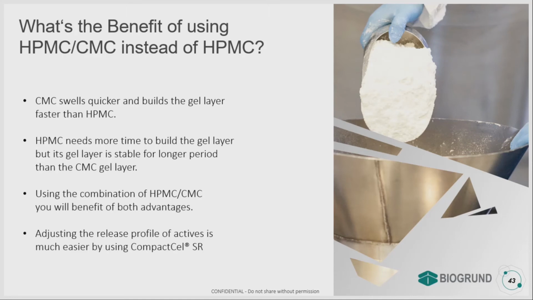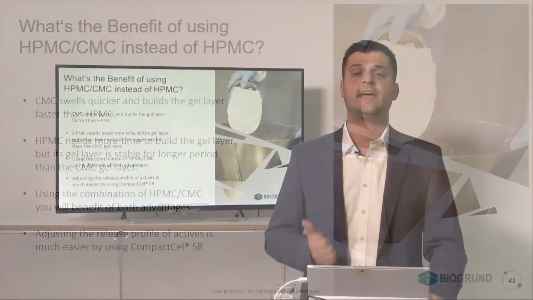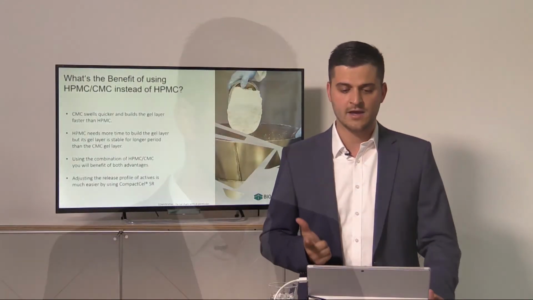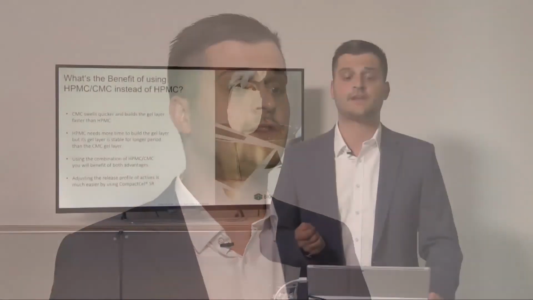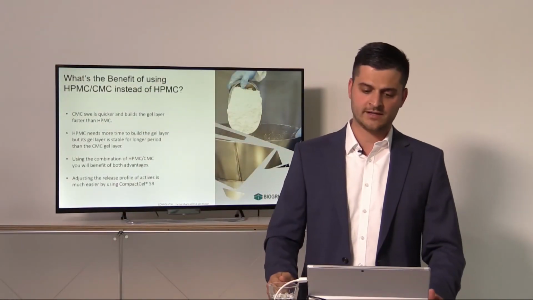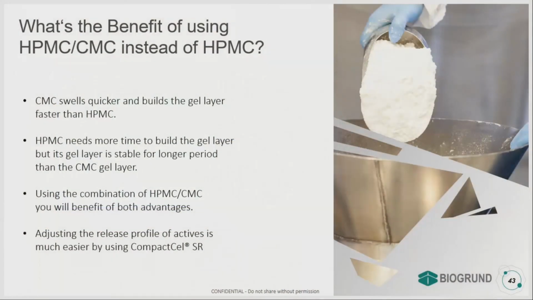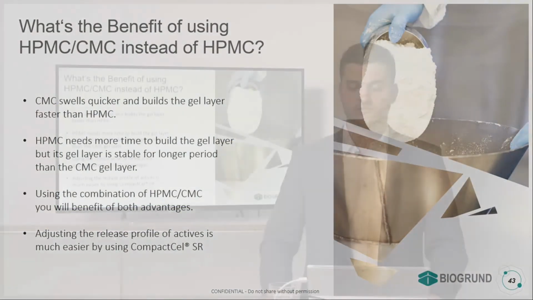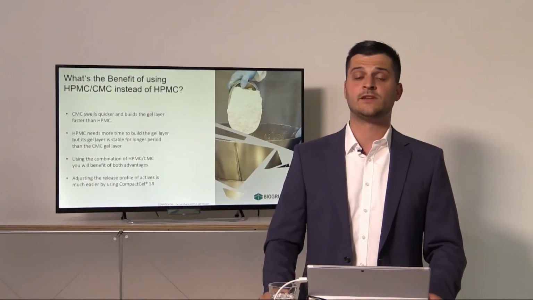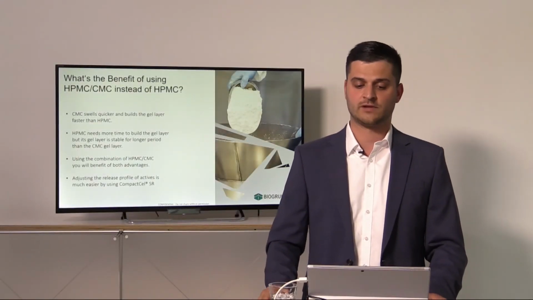The first argument is CMC swells quicker and bulks the gel layer. The HPMC needs much more time to build this gel layer, but therefore it is stable for a longer period of time. The combination benefits from both advantages, and all in all, the adjustment of the release profile is much easier using our Compact Cell Sustained Release.